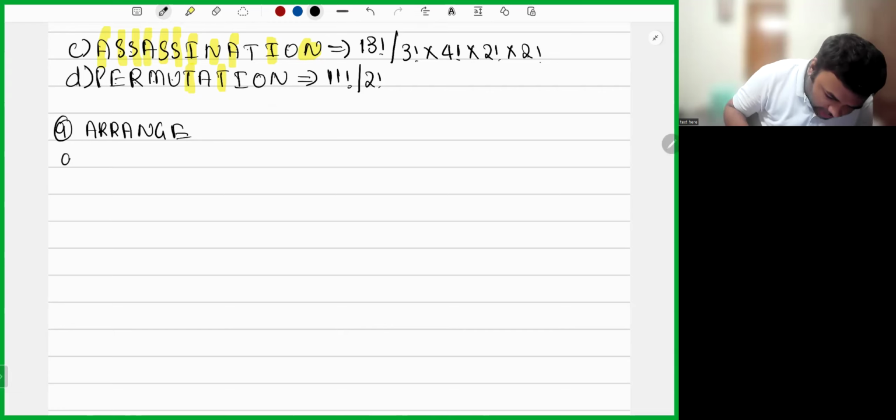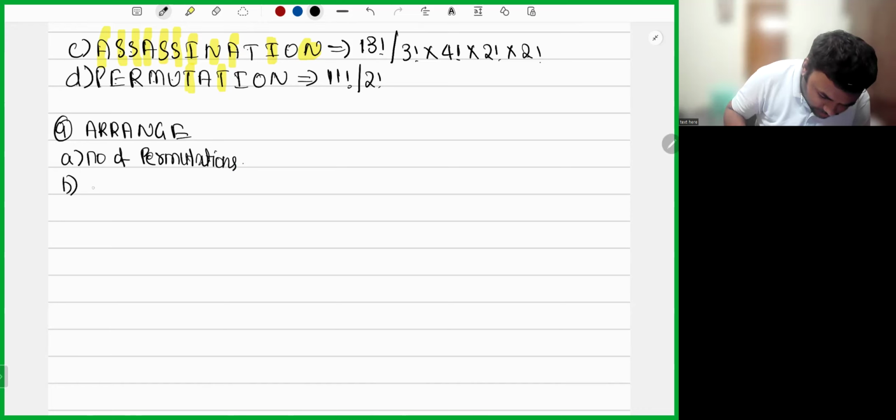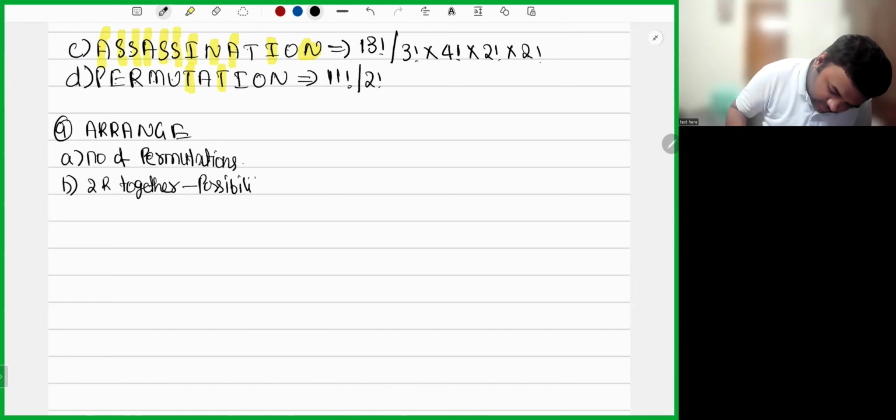First, point A: number of permutations. Next, point B: two R's together. I want how many possibilities are there. Next, two R's not together. How many possibilities are there?